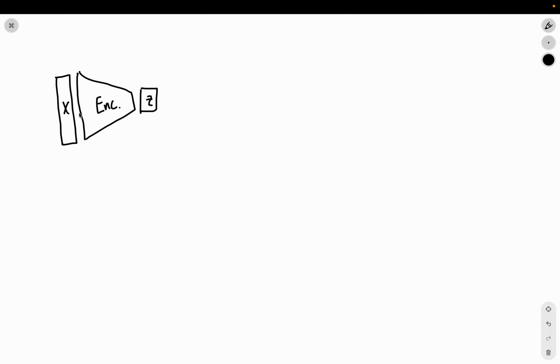Then obviously we have an encoder, so we need some way to now take this Z and produce back out. Using a decoder, we're going to produce back out an X hat.